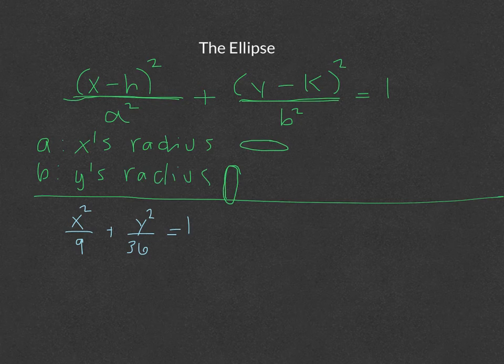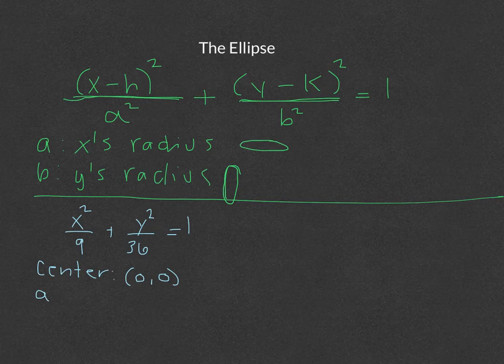So let's graph x squared over 9 plus y squared over 36. So the very first thing you want to do is figure out what the center is. So there's no value on x and no value on y, so our center will just be at the origin, 0, 0. Okay, after we find the center, we're going to find x's radius.